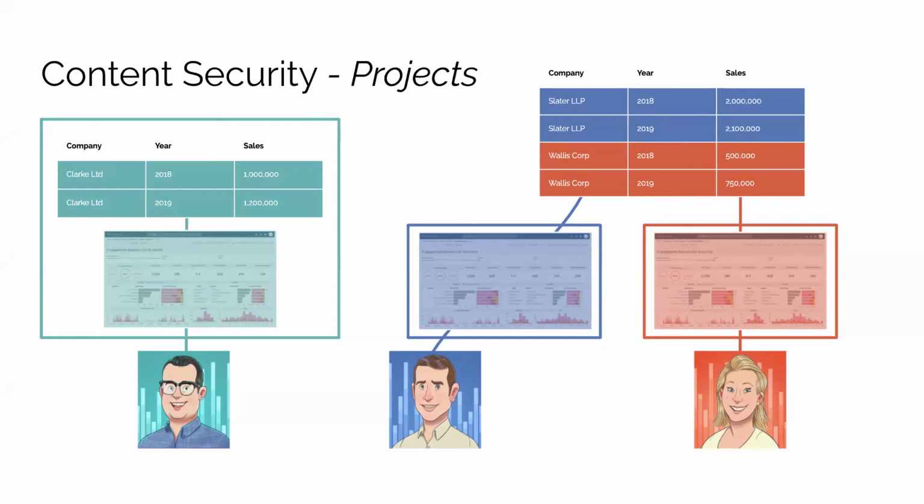That being said, when you're actually working with this kind of content security, it is possible for some users to share some specific content. So in this case, both the blue and the red company actually share the same data set, but that data set itself has row-level security applied to it. That can be quite beneficial because you don't necessarily need to have separate data pipelines and separate storage mechanisms for each data set.